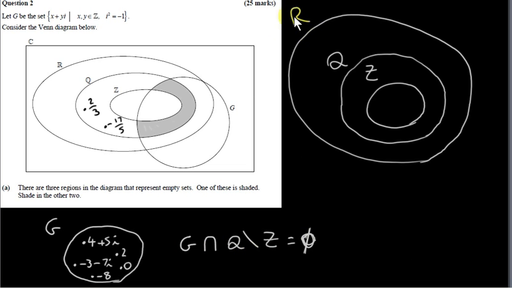Now let's consider the set R. R denotes what are called the real numbers. The real numbers include the rational numbers, numbers you've seen already, but it also includes numbers that are not rational, that is, numbers that are irrational, numbers that cannot be written as ratios of integers.